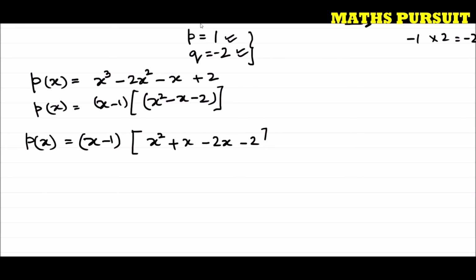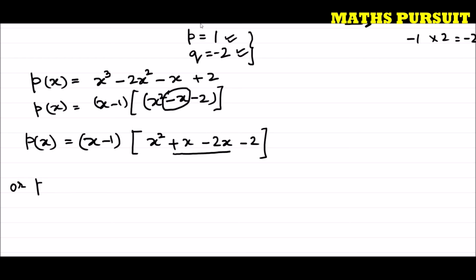Hope guys I'm very clear till here. Plus x minus 2x is nothing but minus x, because as per this question we are splitting the middle term. As we are splitting the middle term, I have written the middle term as plus x minus 2x. And how did I consider it? From here we considered p as 1 and q as minus 2. Hope I am very clear till here.